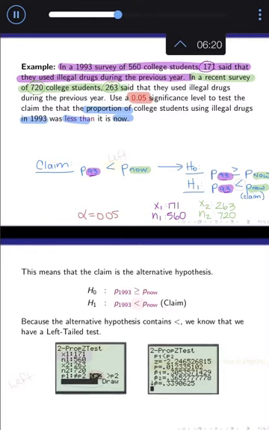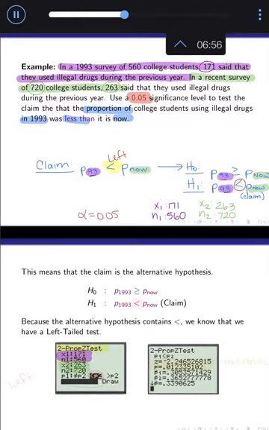Notice, because we have a less than, what kind of test is it going to do? A left-tailed test, because that's what's in our alternative hypothesis. So let's look a little bit forward and see how our test is going to look. Here's our two-prop Z test that we're running. We have our X1 and our N1 just as we said they would be, and we have our X2, N2.